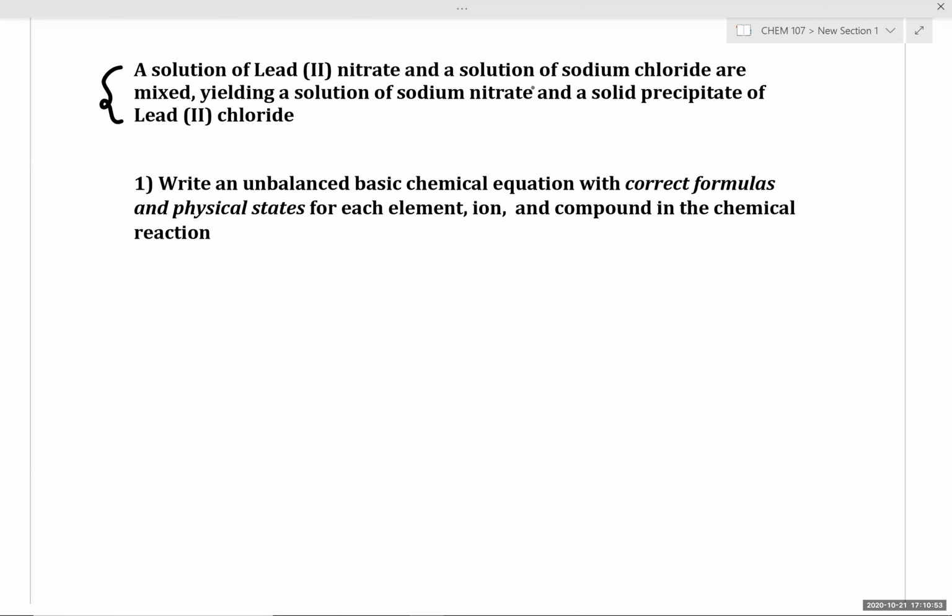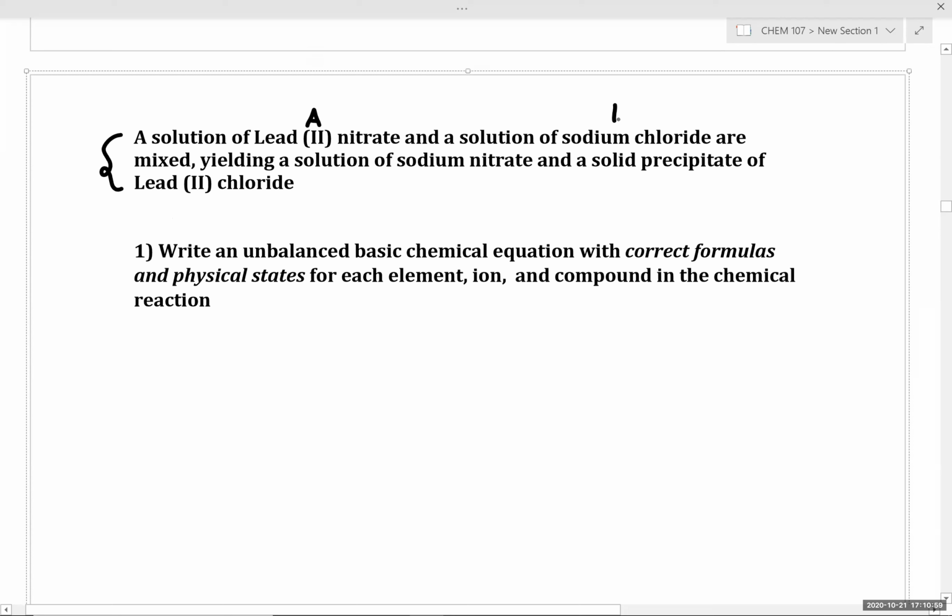And don't be shy to share your proposed formulas. And I'll put some labels A, B, C, and D. Don't be shy to share your formulas for each of these 4 compounds, and even to try including your physical states for each of these compounds.